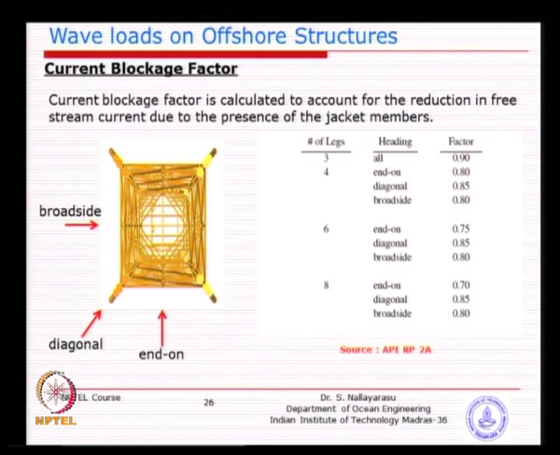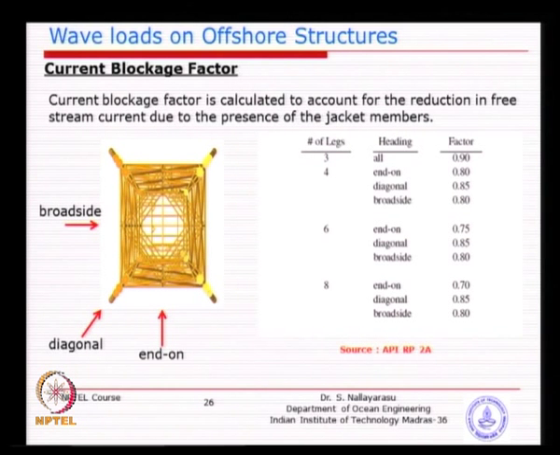API has done a lot of studies in this respect, and they have recommended for each type of jacket structure, 3 leg, 4 leg, 6 leg, 8 leg, a reduction factor in the order of 15% to 10%. The maximum that you can go here is 0.9 and the minimum is 0.85.